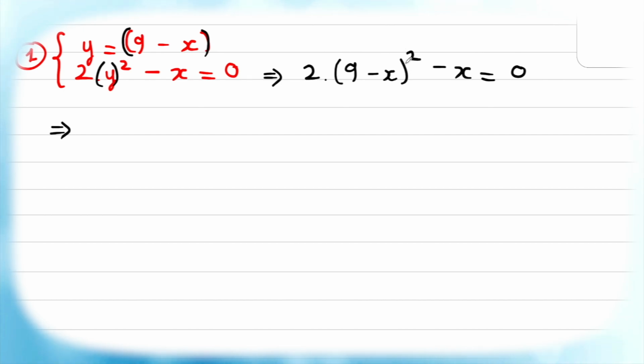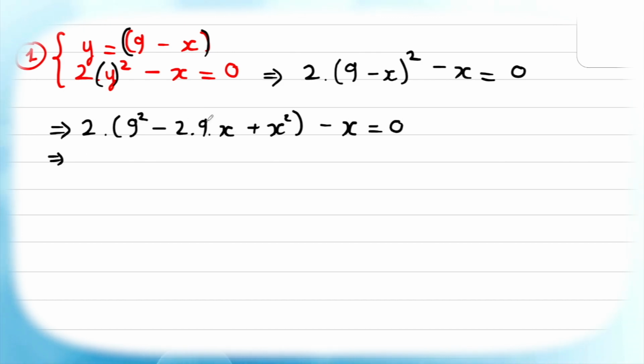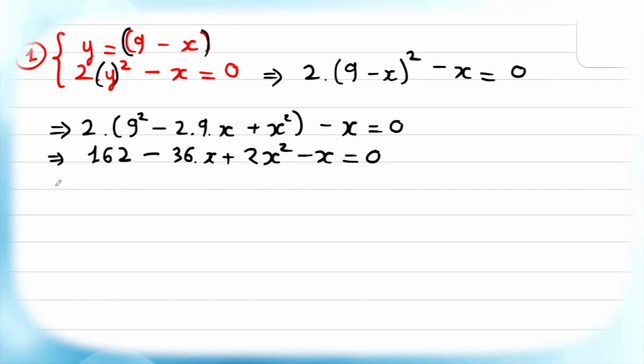9 minus x, squared outside, you get 9 squared, minus 2 times 9 times x, plus x squared, and minus x equal to 0. Now expand this bracket, we get 2 times 81, which is 162, and this one is 36 times x, plus 2x squared minus x equal to 0.